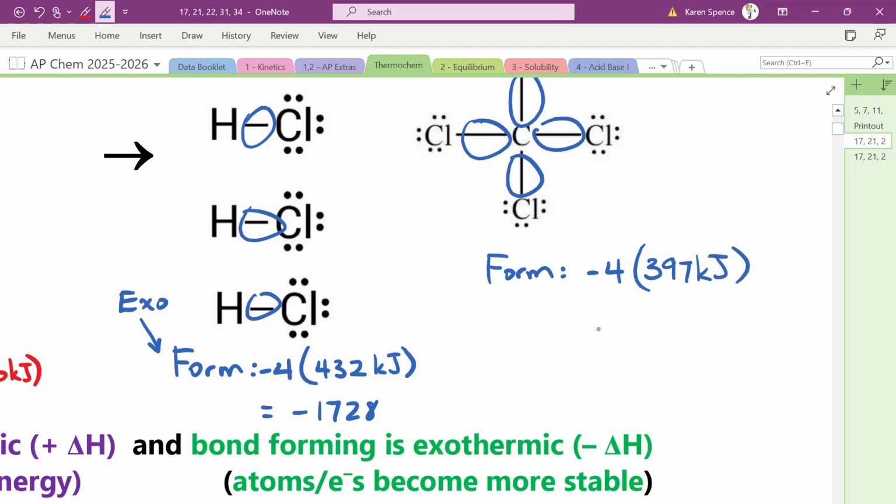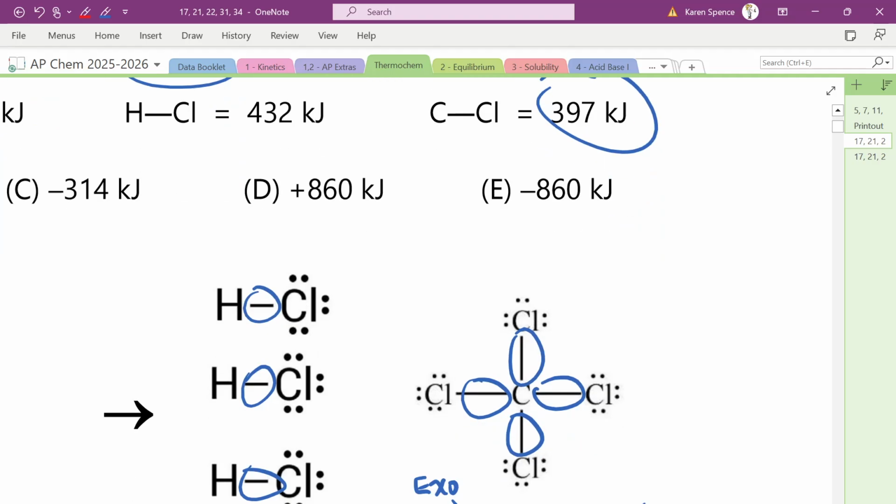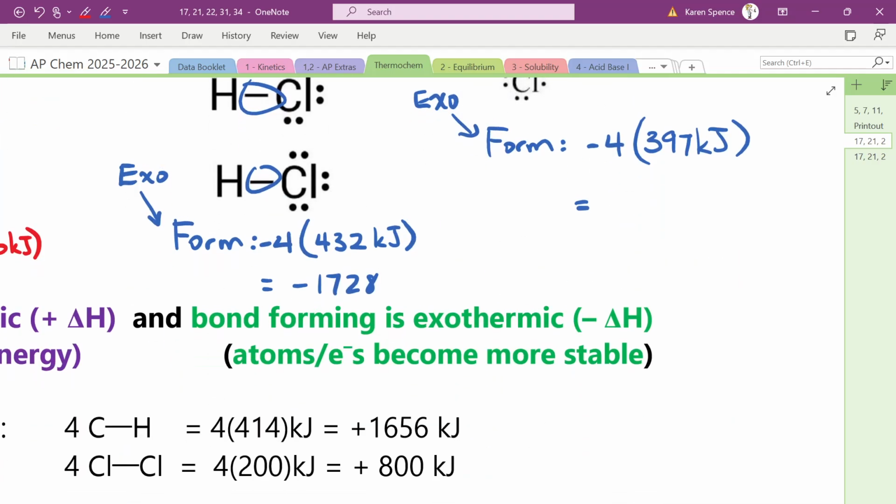So that's going to be negative because it is exo. 4 times 397. Did I get that number right? I feel like I wrote it wrong. Yes, I did. Okay, good. So that's negative 1588 kilojoules.